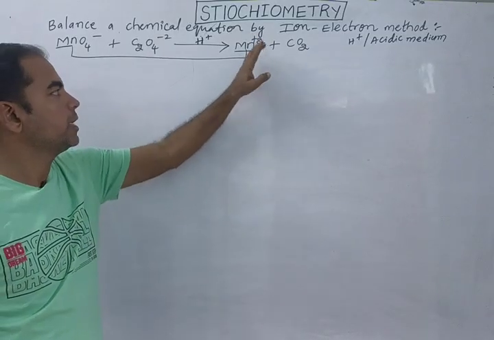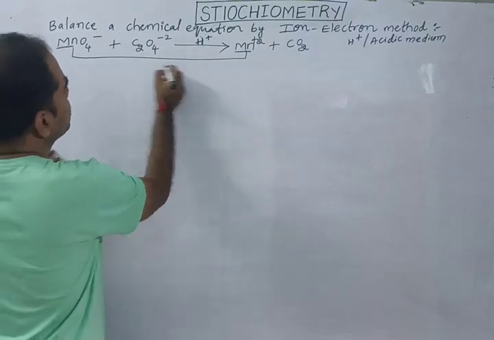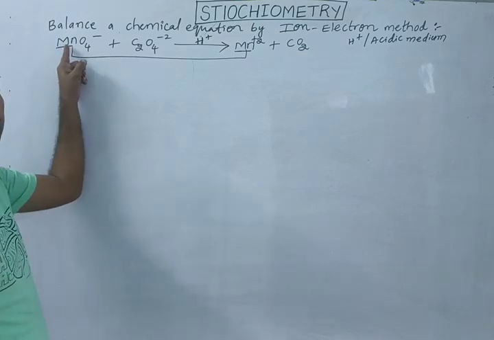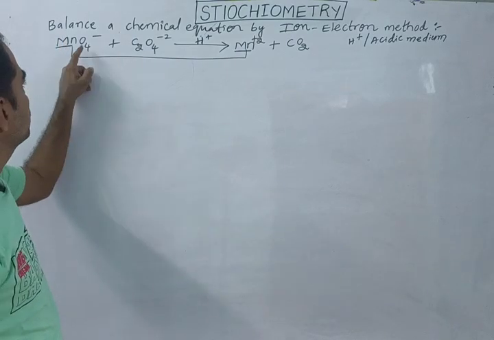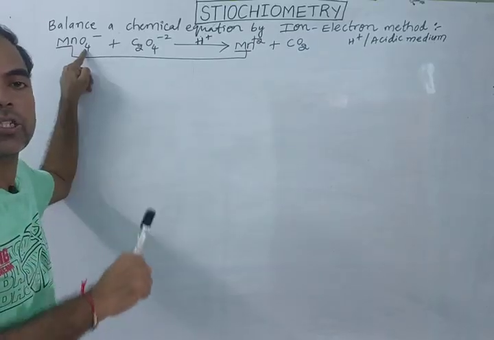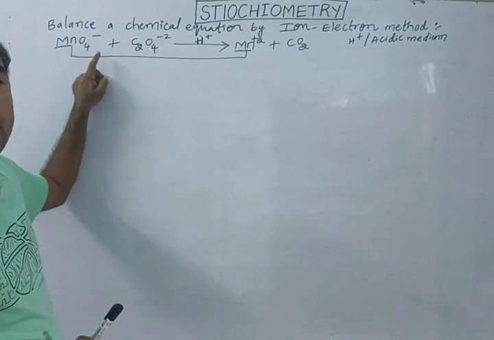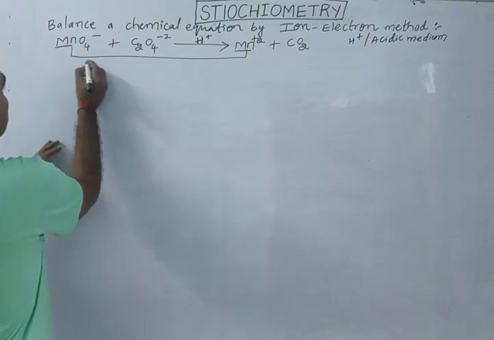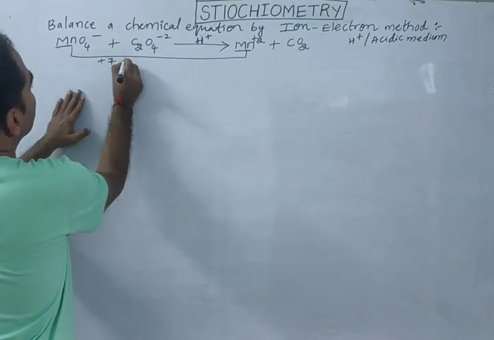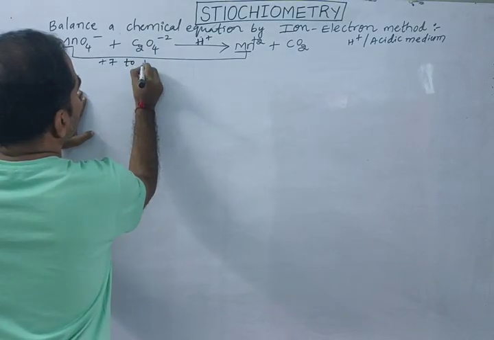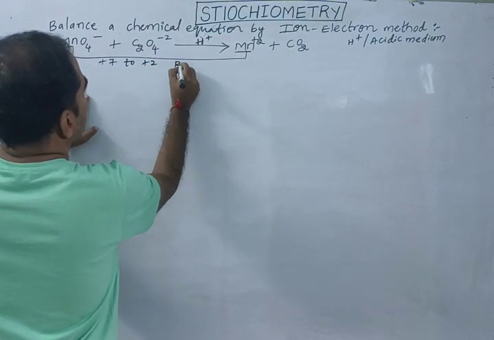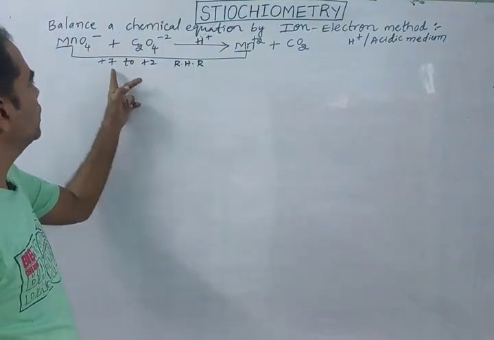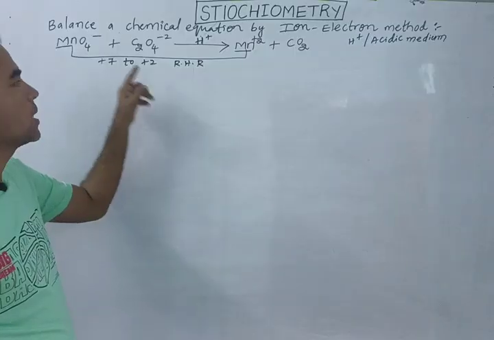In MnO4 minus, Mn we don't know, let us consider x, plus 4 into minus 2 for each oxygen: x minus 8 equals minus 1, then x equals plus 7. That means plus 7 to plus 2. This is a reduction half reaction. Why? Because the oxidation number decreases.